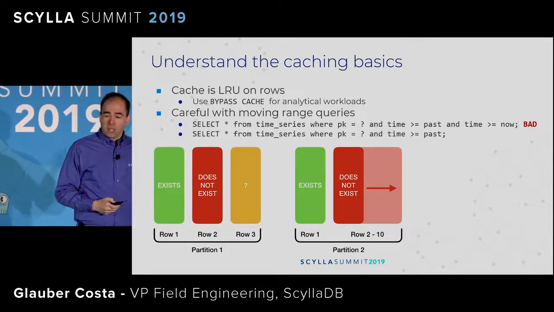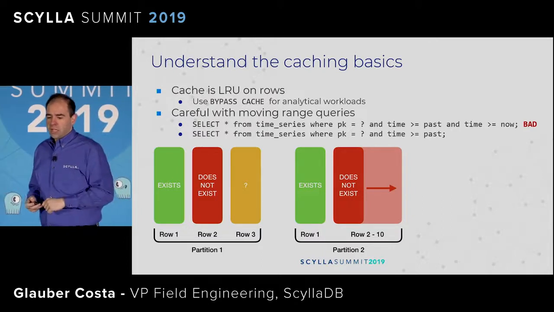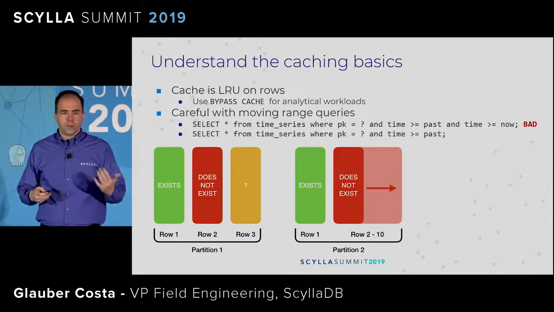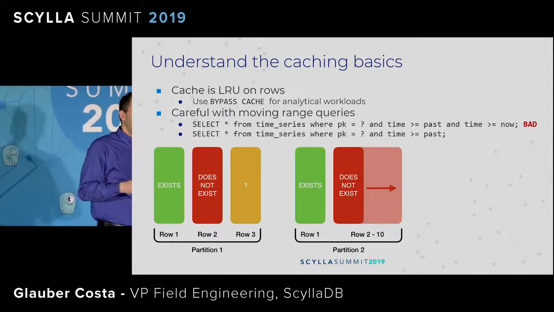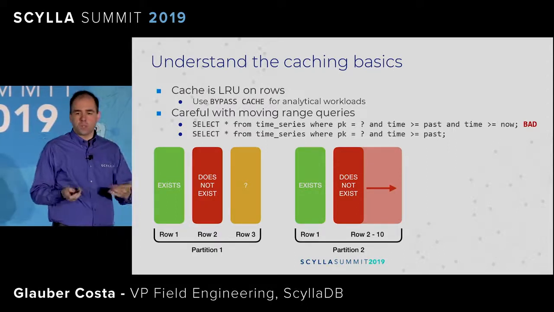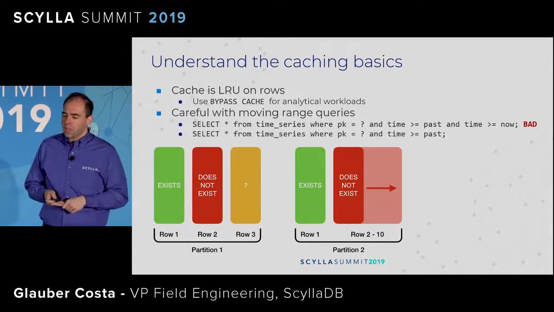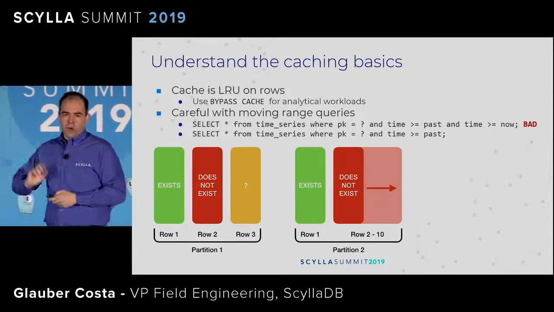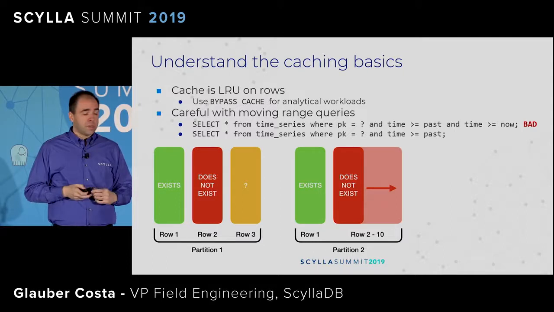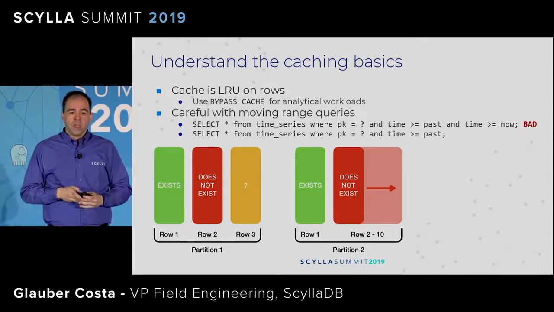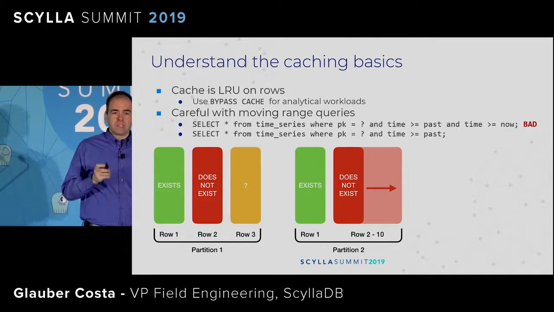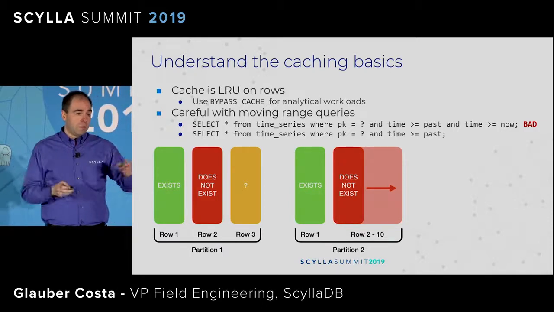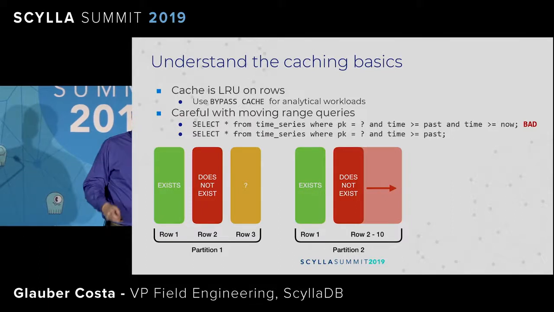One example from this blog that I would like to highlight is that our cache is essentially an LRU. What that means is that when the row was touched determines which rows I'm going to discard. When you're doing range queries, one of the interesting patterns, and I invite you to look at the blog, is if you're always specifying the current time as whatever system.now you have in your system.